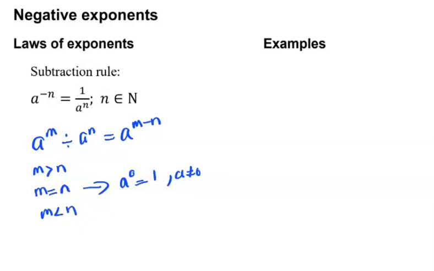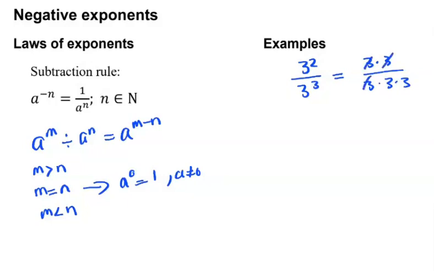First, let me show you an example. Like, for instance, suppose we have 3 squared divided by 3 cubed. That will give me 3 times 3 divided by 3 times 3 times 3.